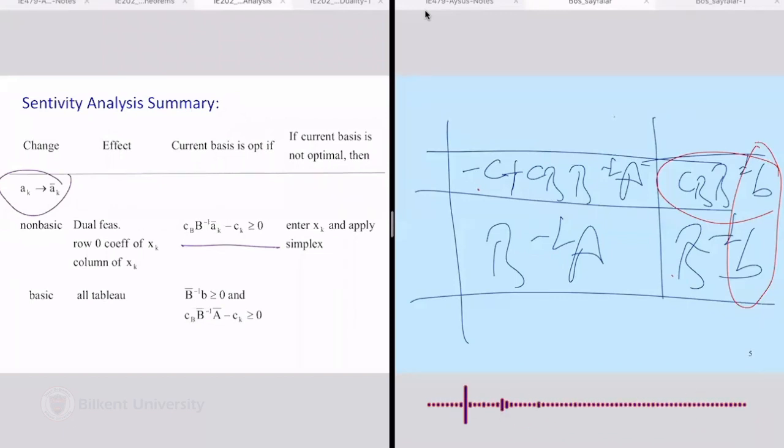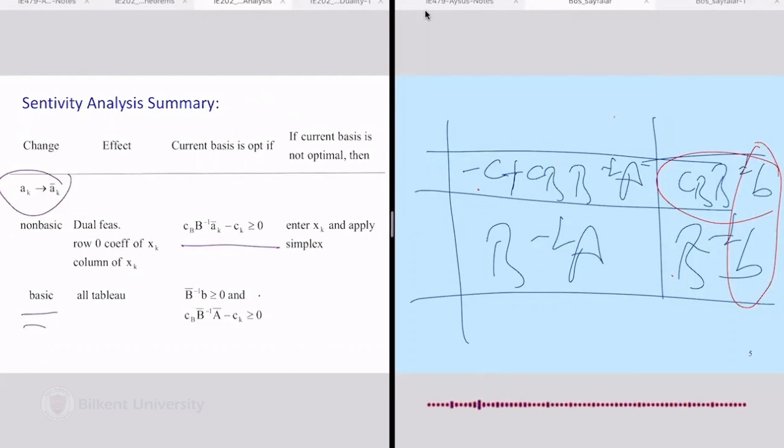But if that variable is basic, then your B is changed, capital B is changed. That means the whole table is changing. The current basis is still optimal if B inverse b and CB B inverse A minus C are all non-negative. It's a very rare situation.